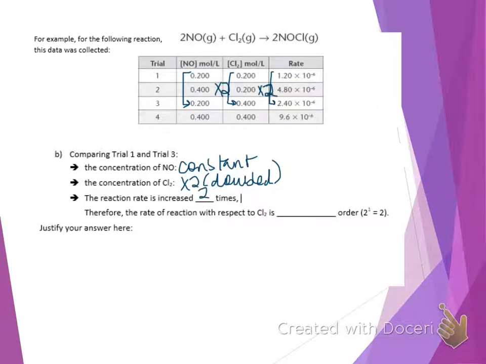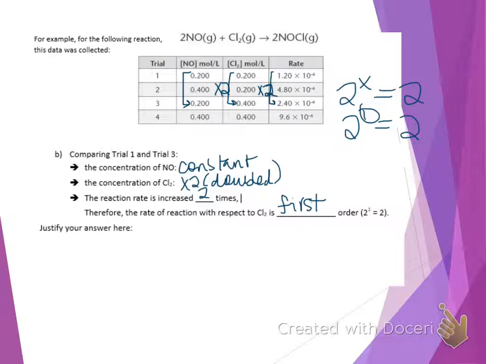So we look at 2 to what power equals that 2 times change in rate? Well, 2 to the first power equals 2. That means our reaction rate is first order with respect to Cl2. Whenever we double the concentration, the rate doubles. That is what first order means.